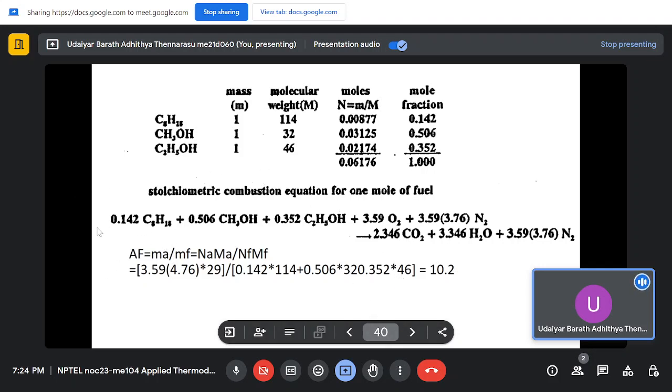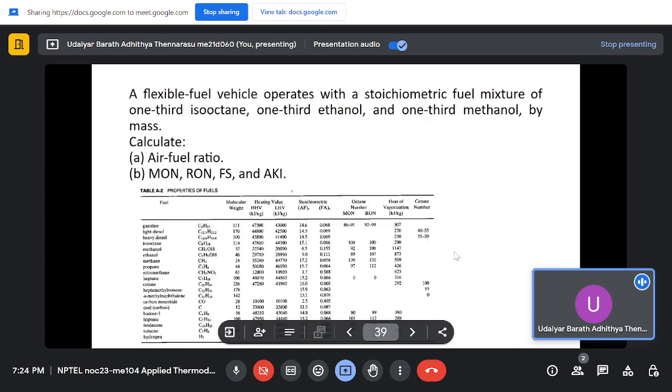This will give me an air fuel ratio of 10.2. So now we have found the combustion equation and the air fuel ratio.